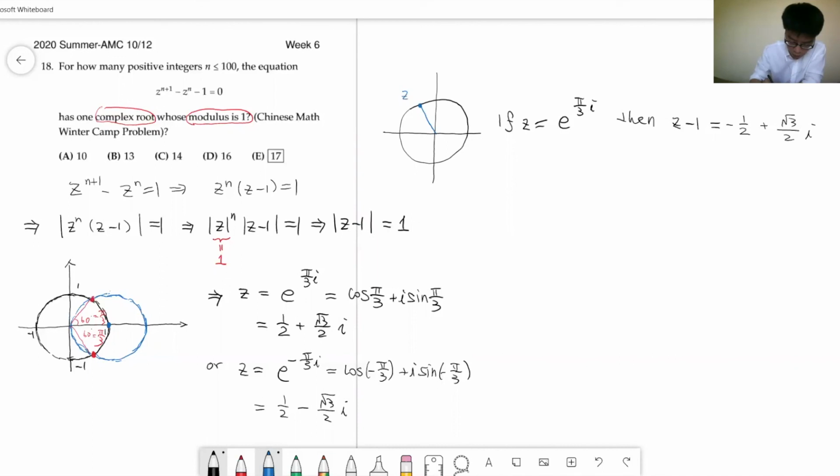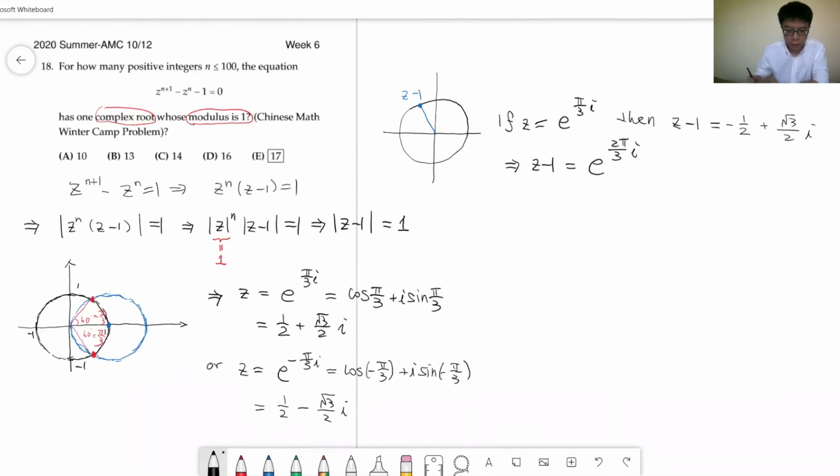This is z minus 1 here. So this corresponds to the angle 120 degrees, which is 2 pi over 3, exponential 2 pi over 3 i.